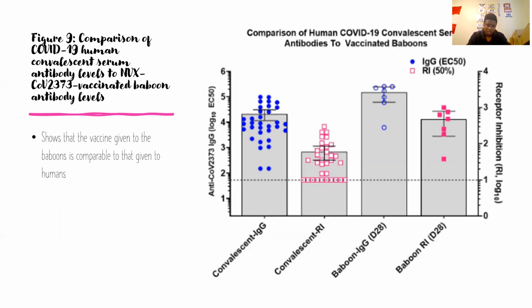As you can see, the vaccine that was given to the baboons is comparable to that given to the humans. As you can see, there's little to no error between what was shown versus what they expected. So signs show that it's comparable.